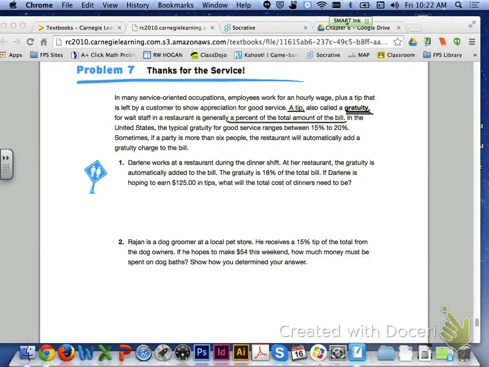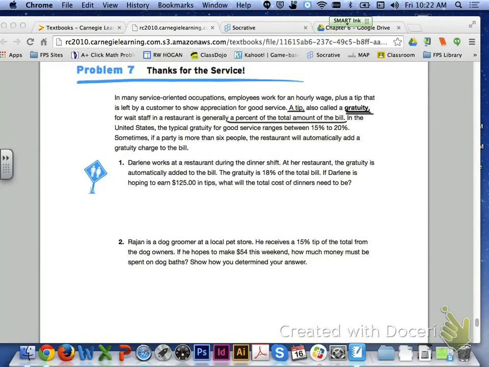Let's finish up lesson 6.5 on page 454. Let's take a look at problem 7. Thanks for the service. In many service-oriented occupations, employees work for an hourly wage, plus a tip that is left by a customer to show appreciation for good service.